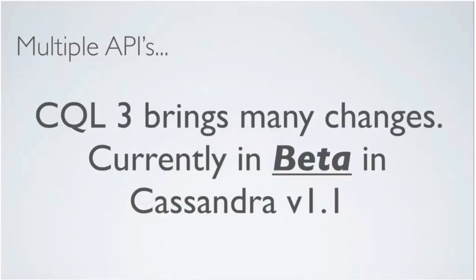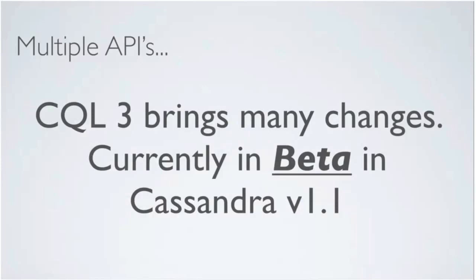We've had a couple of versions of CQL now. We're up to CQL 3. CQL 1 started in version 0.8 of Cassandra. CQL 2 was in version 1.1. And CQL 3 has a lot of changes, and it's considered to be in beta in version 1.1. It has a bunch of things that are backwards incompatible, so it's really a break from the way that CQL 2 did things to the way that CQL 3 does things.